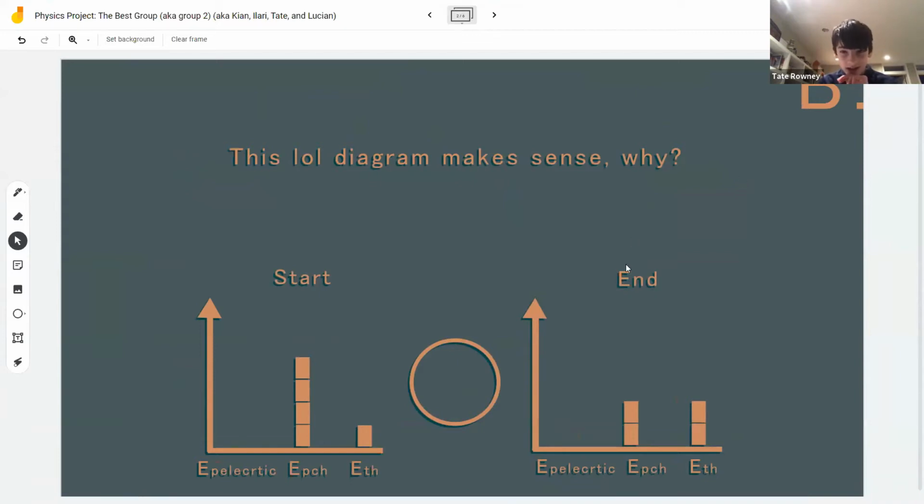So to explain this LOL diagram, we'd start off with no potential electric energy. And this becomes 1 cube of potential electric energy at the end from the capacitor becoming charged and storing energy inside it. Our LOL diagram also starts with 4 blocks of potential chemical energy.